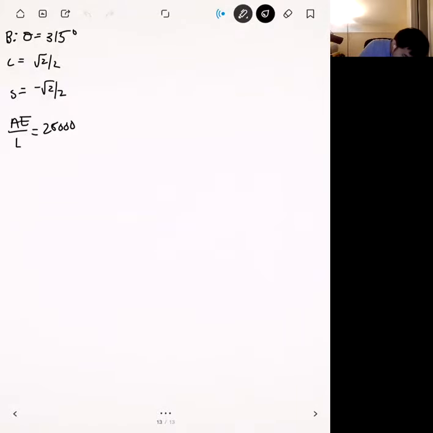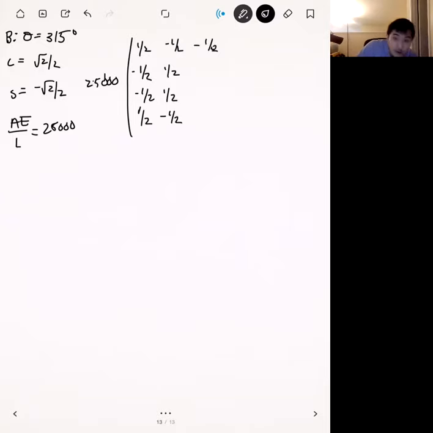Okay. And so let's write out the element stiffness matrix. Let me give myself a little bit more room here. Right. And so out in front, we're going to have 25,000. Then we're going to have 1/2, minus 1/2, minus 1/2, 1/2. Then minus 1/2, 1/2, 1/2, minus 1/2. Minus 1/2, 1/2, 1/2, minus 1/2.